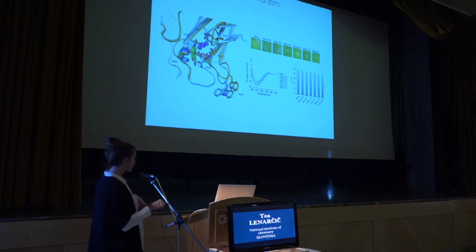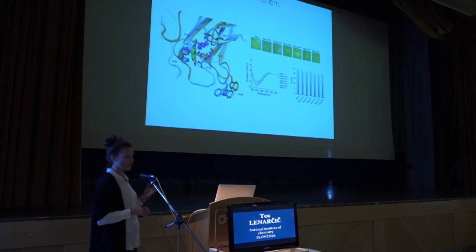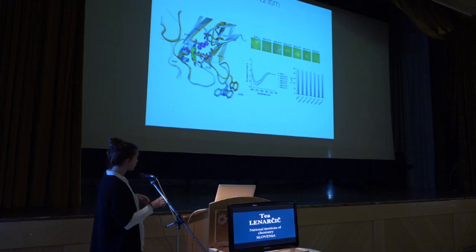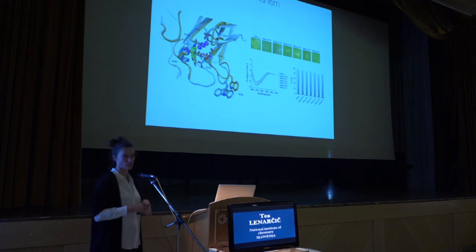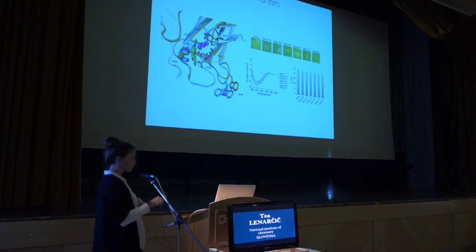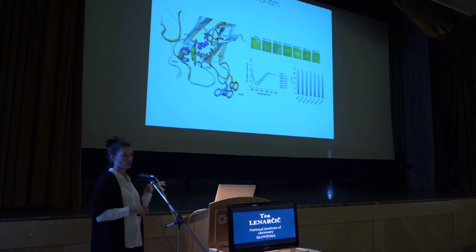So when we changed this tryptophan residue to alanine, compared to the wild type necrosis, we saw a decrease in toxic activity. That means that the protein was not able to anchor in the membrane.